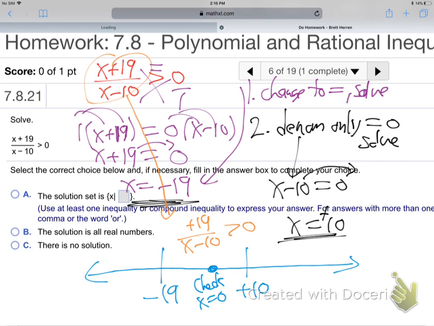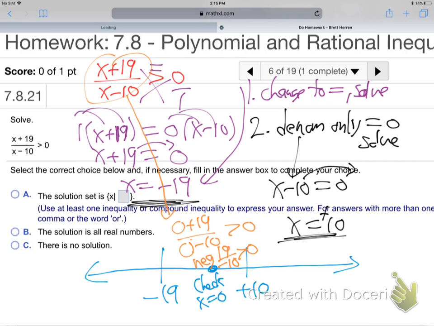And in the place of x, you're putting in 0, huh? So 0 plus 19 over 0 minus 10. What's that going to be? That's going to be 19 over minus 10 is greater than 0. Is that true or is that false? Don't even need to work out what that is. It's a negative number, huh? Positive over negative is negative.